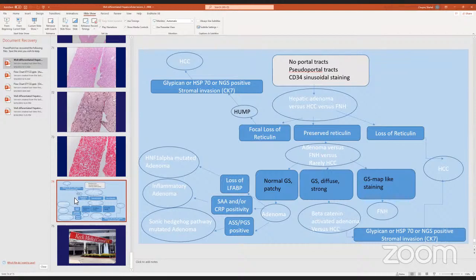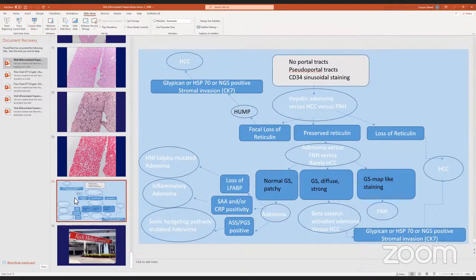Glypican 3 sometimes is more often positive than HepPar and arginase, though again not 100%. Sometimes molecular profiling does help in those cases: the HCCs would have TERT promoter mutations, and the cholangiocarcinomas would have IDH1, BRAF and other mutations. But again, Glypican 3 is probably a little more positive than HepPar and arginase, because the really poorly differentiated hepatocellular carcinomas sometimes lose HepPar and arginase before they lose Glypican 3.